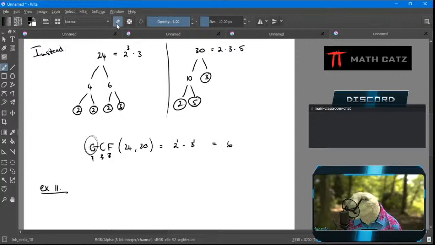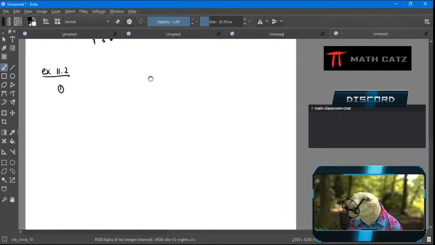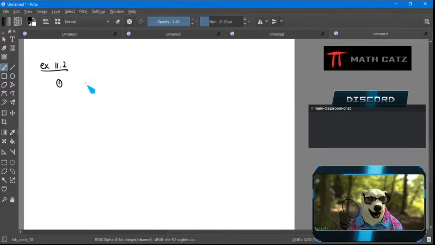Exercise 11.2. So we're looking for, actually I'm going to leave a space. Leave a space, and then we're looking for the greatest common factor of 100 and 240.